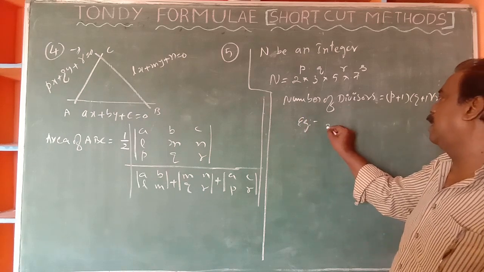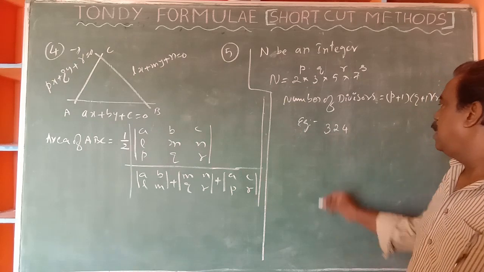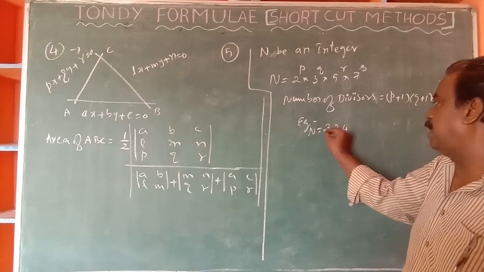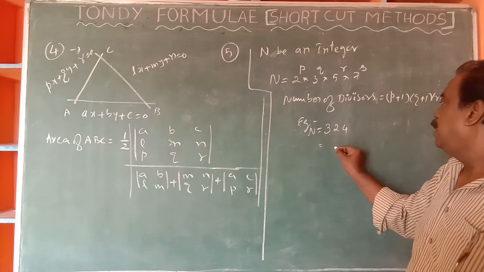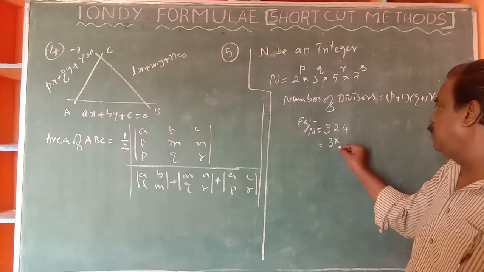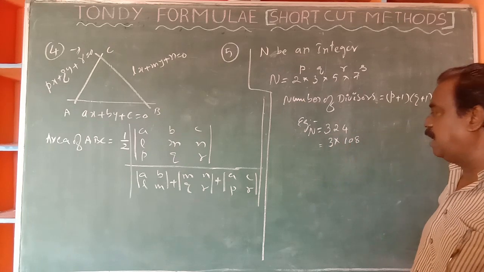Suppose take 324 is a number. Let it be N. This is a capital N, an integer, a positive integer. We can write it as 3 into 108.